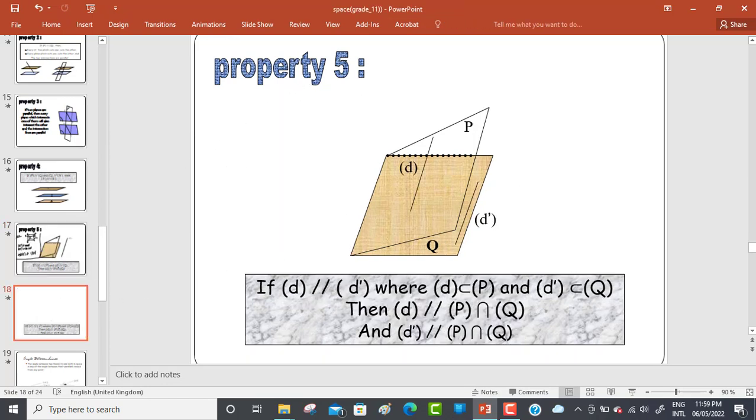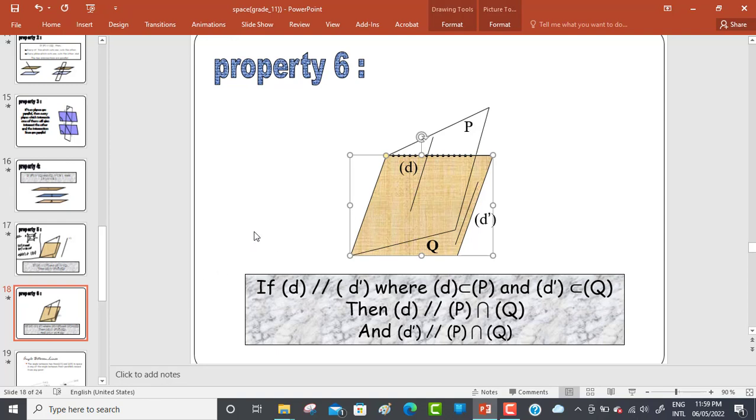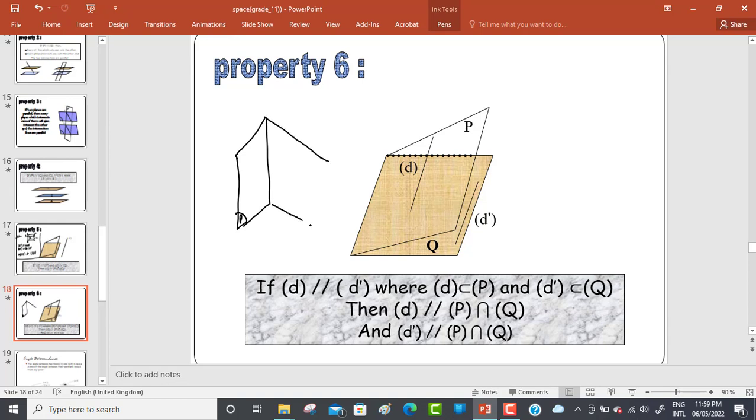Also a similar one, property 6. If a line D in a plane P is parallel to a line D prime in a plane Q, then D and D prime are both parallel to the line of intersection. I'm going to draw it in another way. This is the plane P and this is the plane Q, two planes that are intersecting along a straight line delta.